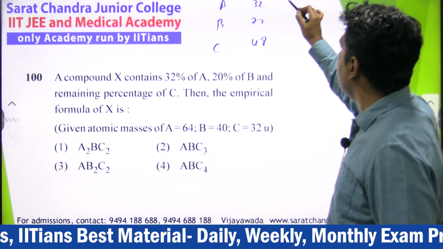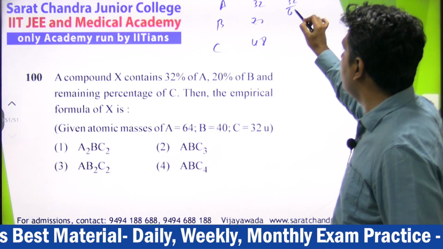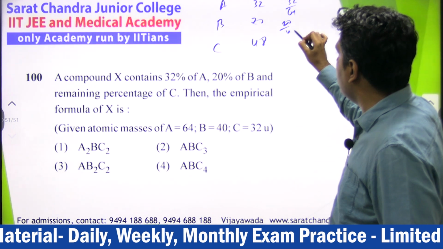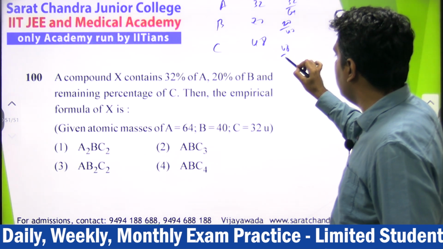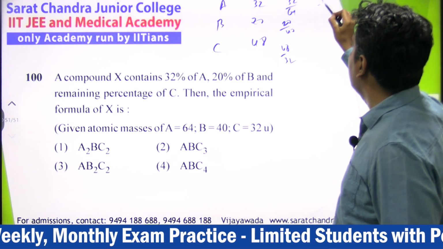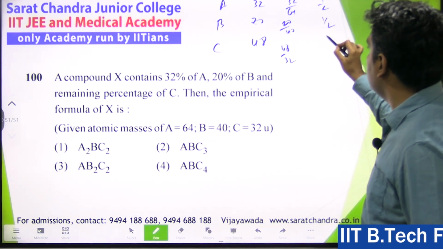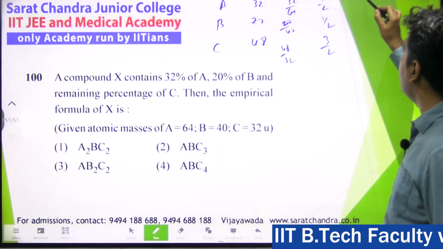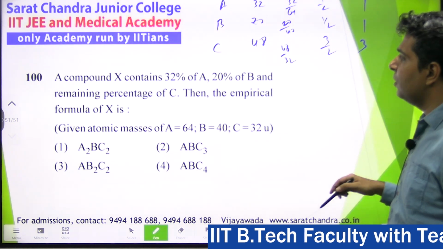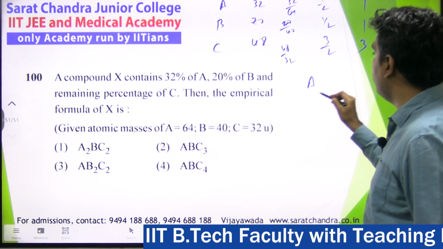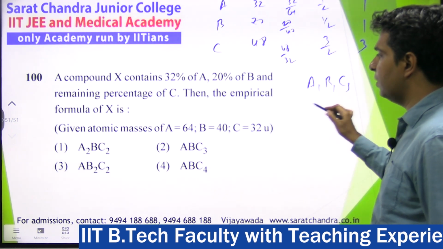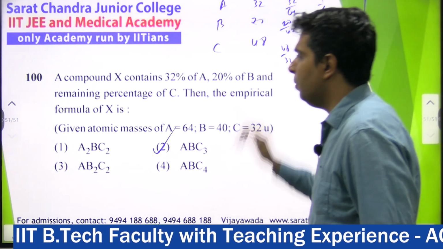The atomic weight of A is given as 64, B is 40 and C is 32. So A is 1 by 2, B is also 1 by 2, and C is 16 by 32, that is 3 by 2. Now multiplying by 2, we get 1, 1, 3. So the empirical formula will be A1 B1 C3. ABC3 will be the empirical formula.